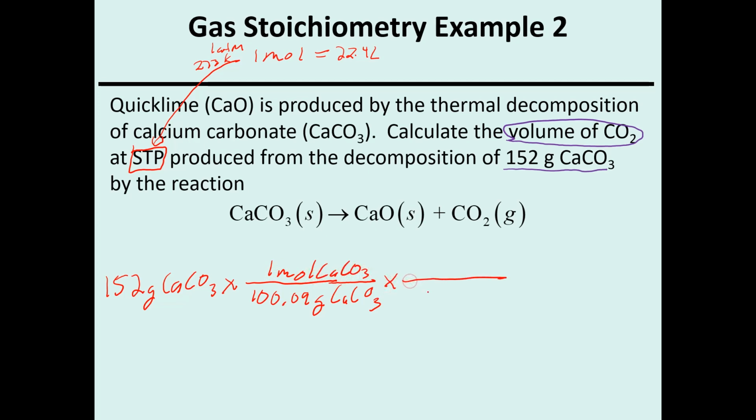And then according to our reaction, 1 mole of calcium carbonate reacts to form 1 mole of CO2. And then we want the volume of CO2, and we know at STP that 1 mole of CO2 gives us 22.4 liters.